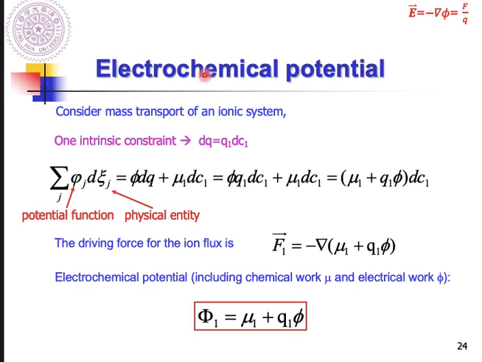Under these situations, this potential is actually called the electrochemical potential, and it is usually discussed in ionic systems. Definitely we have mass transport in ionic systems. Why? Because when you apply the electrical field on the ionic material systems, the ion is going to move inside this electrical field.